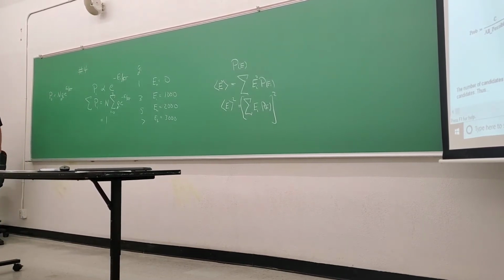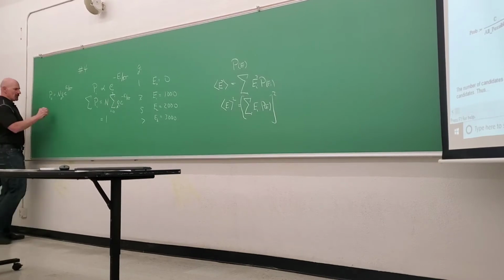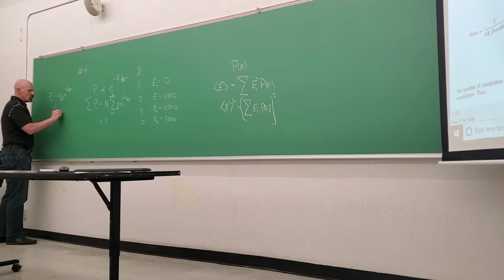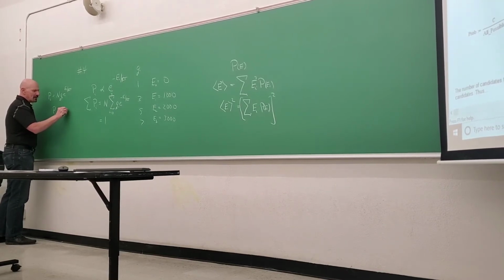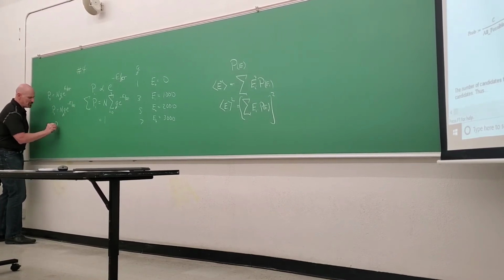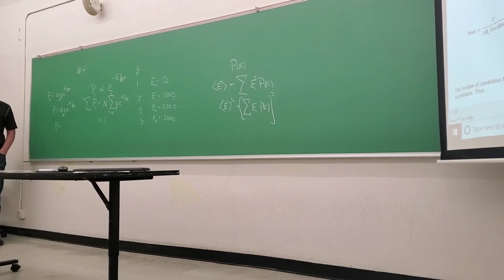And actually, you could do this in general, because you can write it this way: the probability P of I will be equal to N times G of I e to the minus E of I over RT. And when you type P of I equals, you'll get 4 values. Okay, so I goes from 0 to 3.